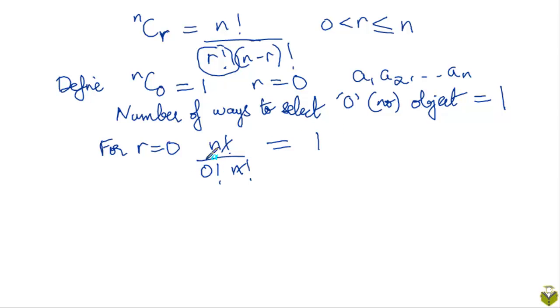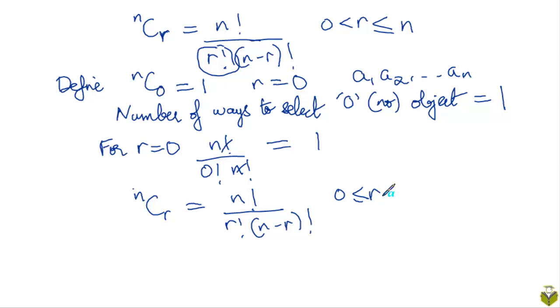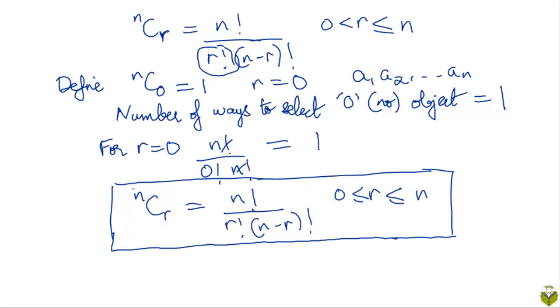So we have 1 for r equal to 0, and that means that we have proved that this formula holds for r equal to 0 as well. So this formula is more general. So you can just apply this formula now. So let us look at some interesting properties that come out of this formula.